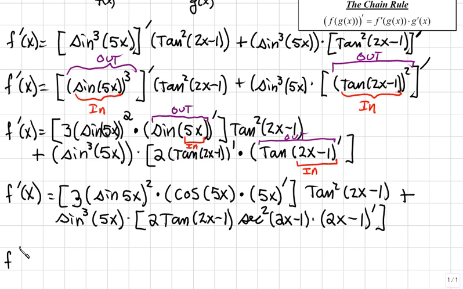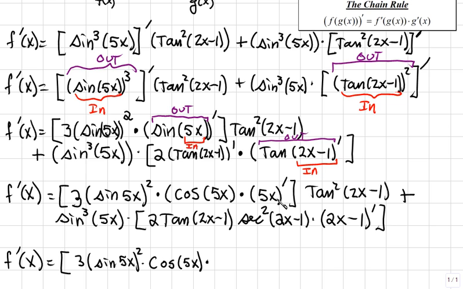So f prime of x is equal to, without simplifying, the quantity of 3 times sine of 5x all squared times cosine of 5x multiplied by the derivative of 5x.